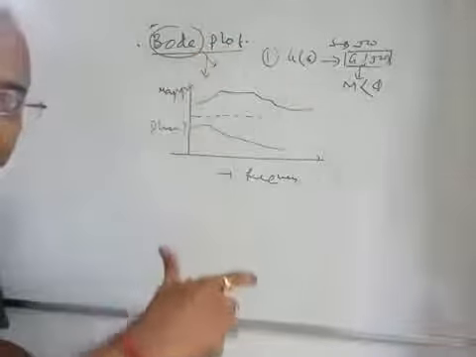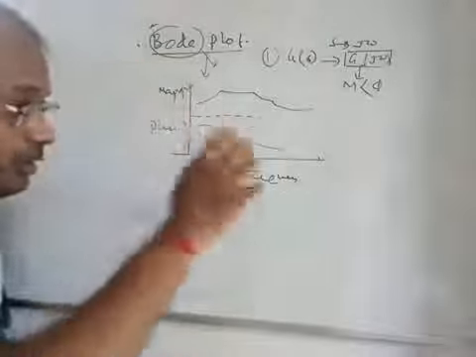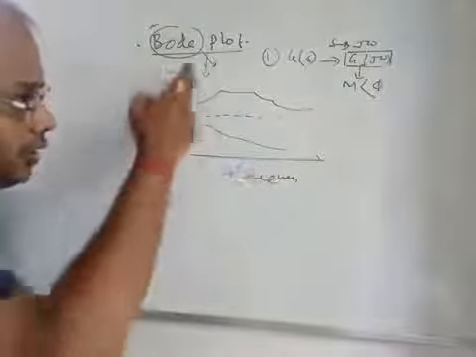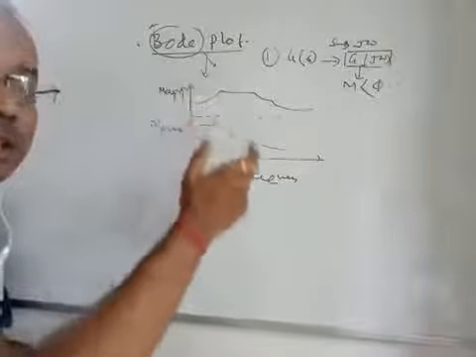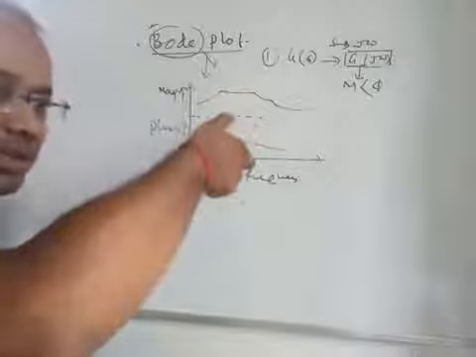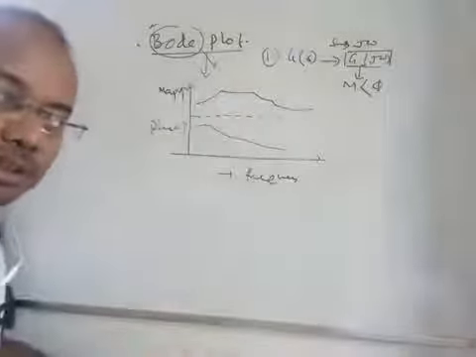This is a single graph, and in this single graph we find out, for the same frequency range, how magnitude and phase change, and from the relationship between phase and magnitude we will find out the stability.